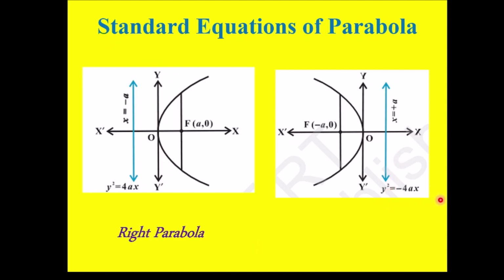The first kind of parabola we are going to refer to as the right parabola, where the focus is at (a, 0), and you can see the parabola opens its mouth on the right side. The second is known as the left parabola.